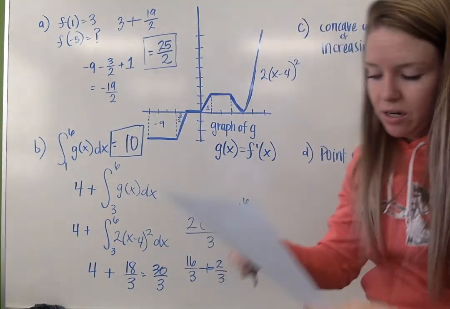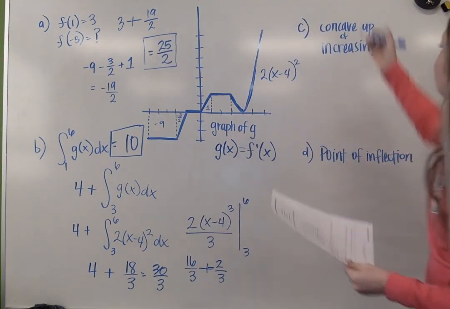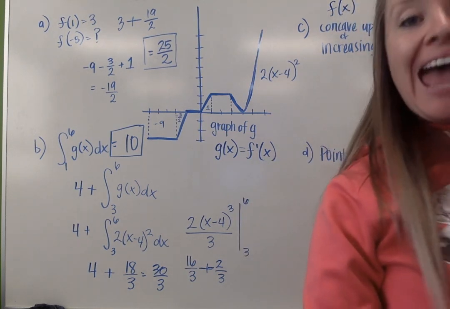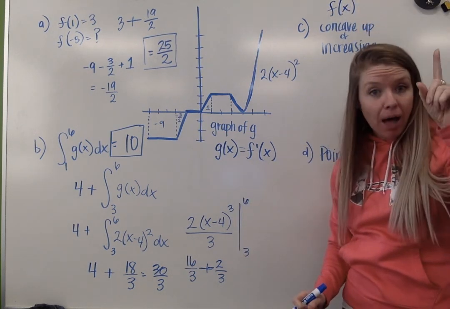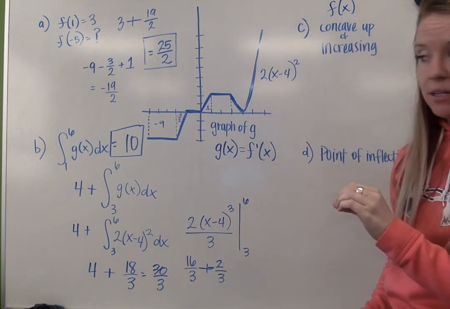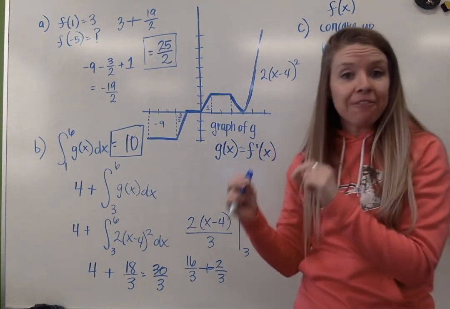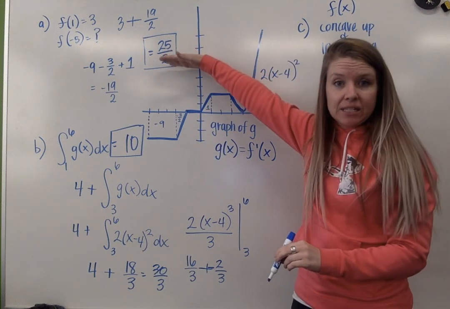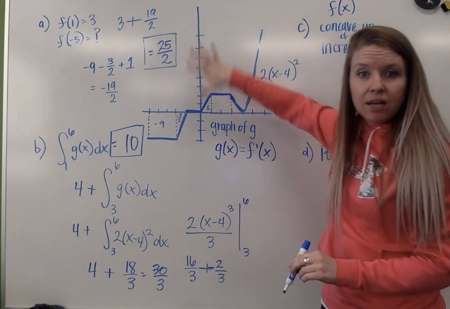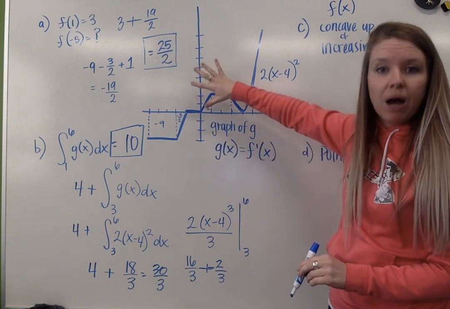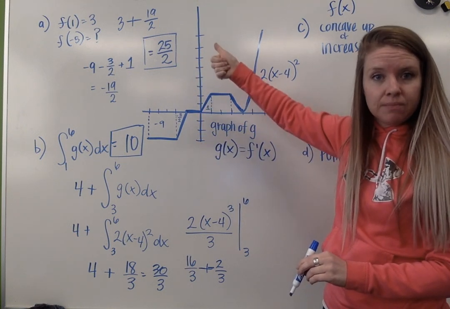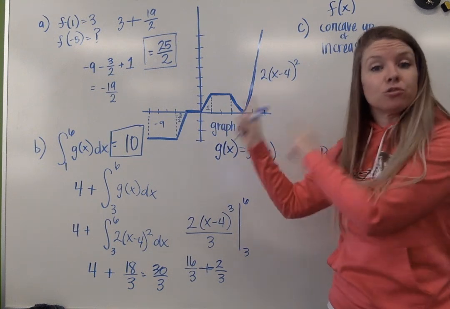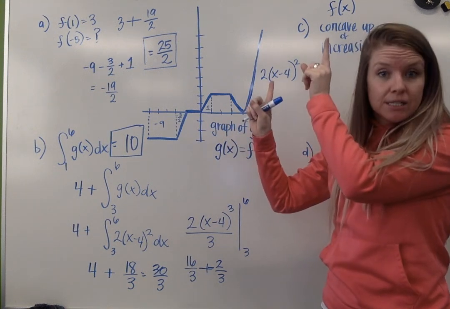And part C. Let me double check here. Where is the original function f of x concave up and increasing? We know that f is increasing when we are above the x-axis. Positive velocity means increase. Concave up means our derivative is increasing.